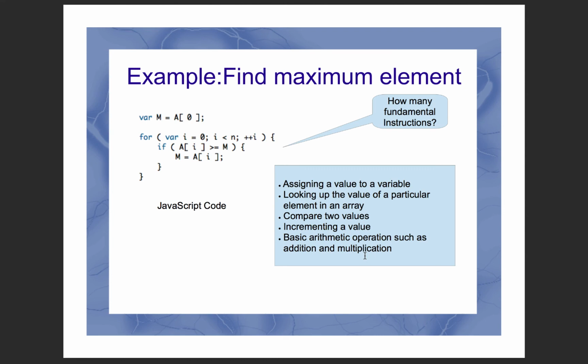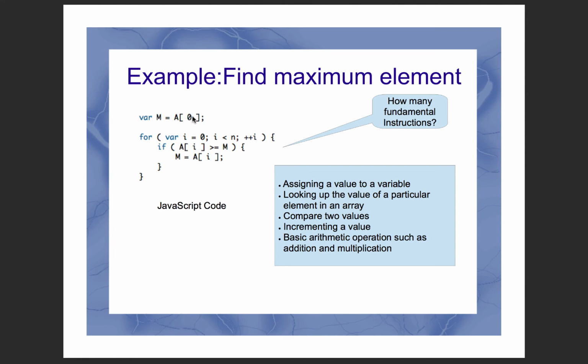Now here we have a small program. If I ask you how many instructions each statement has, for example, go to the first statement and try to find out how many instructions are there.